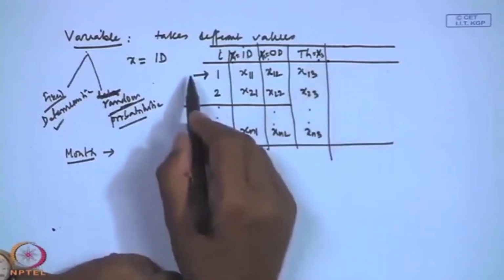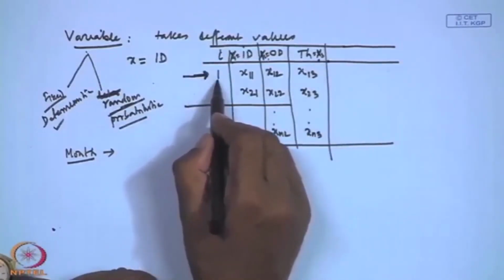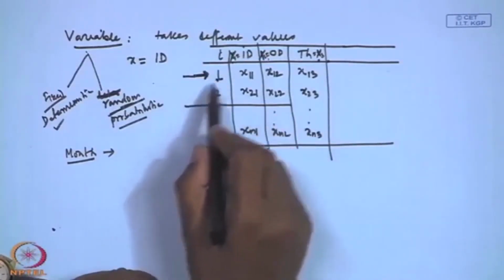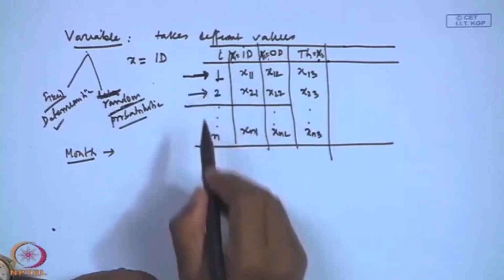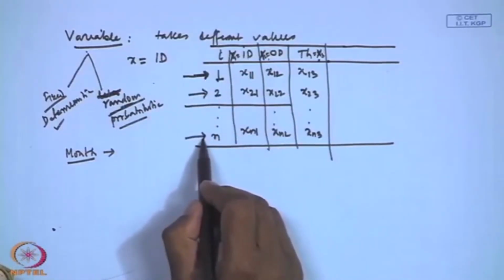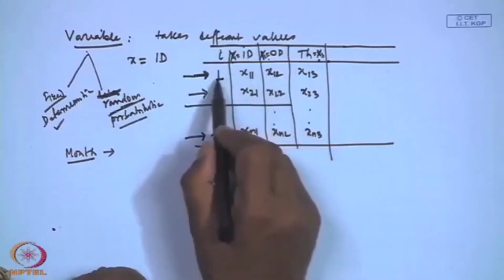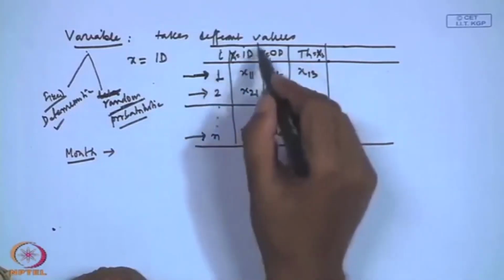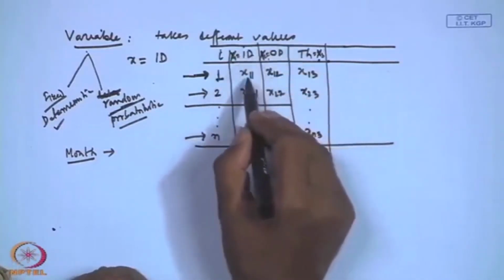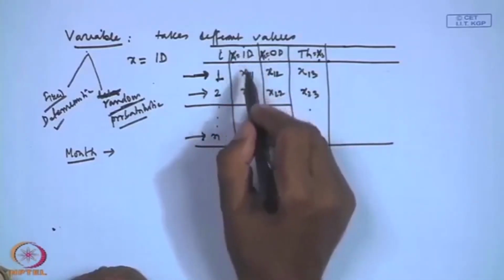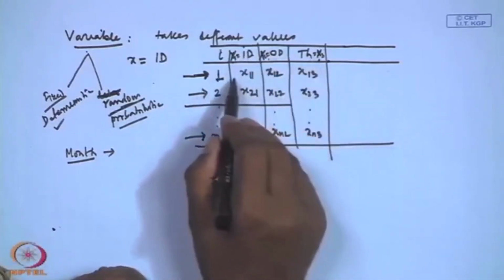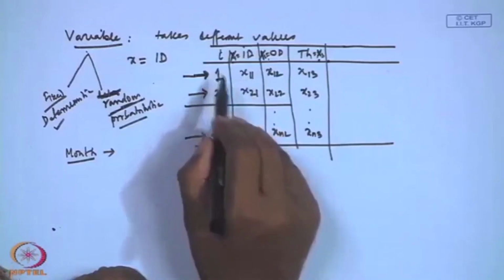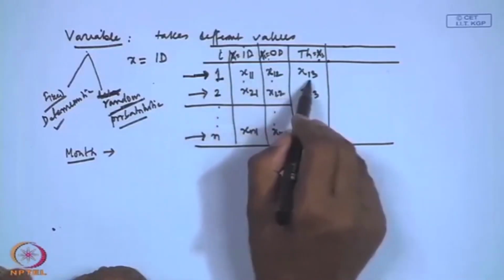So this is my observation. First one is observation number 1, second one observation number 2, like this up to observation number n. In observation number 1, if I consider only ID, that value is x11. If I consider all three together, observation 1 takes values x11, x12, x13.